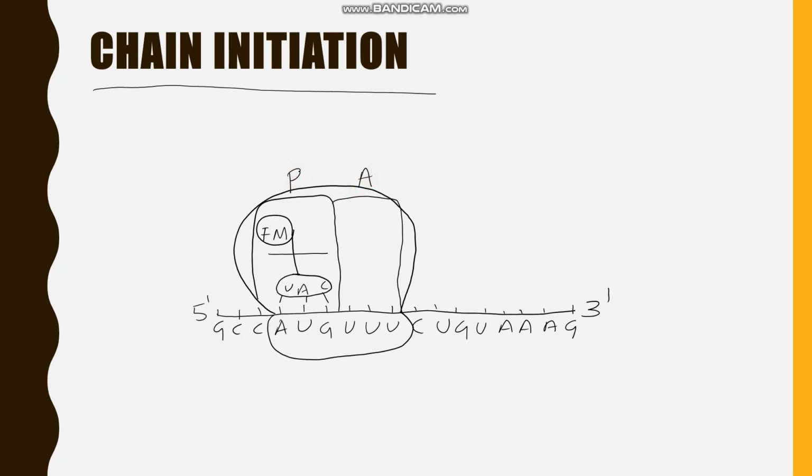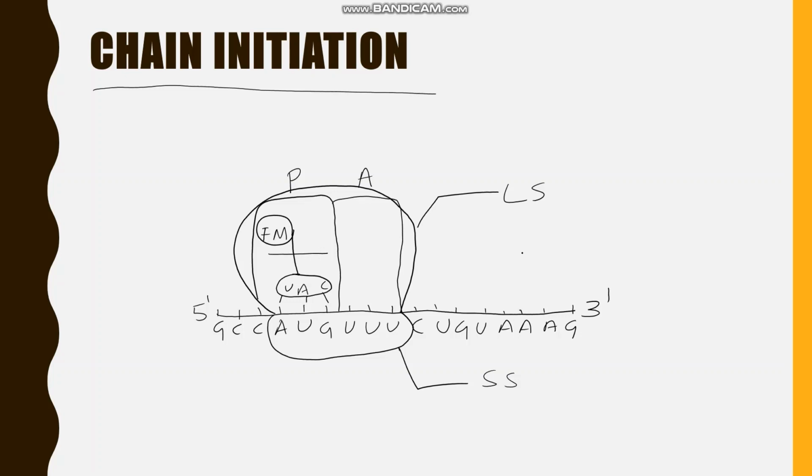See here, the P site is filled with the first amino acyl tRNA, consisting of the amino acid formyl methionine. But the A site is empty. So this is the larger subunit of the ribosome, this is the smaller subunit of the ribosome, this is the P site, and this is the initiator tRNA with the amino acid formyl methionine. And this is the mRNA.